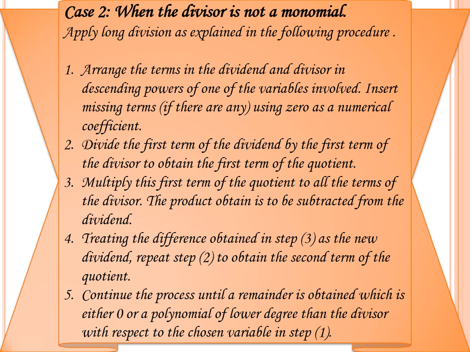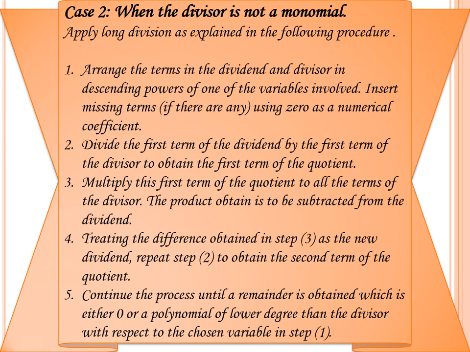Okay, for the second case of the division of the polynomial, when the divisor is not a monomial, we're going to apply long division method as explained in the following procedure.